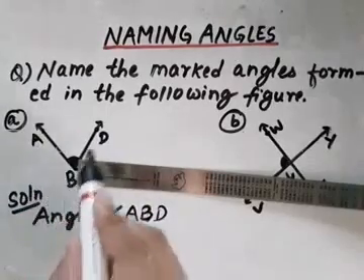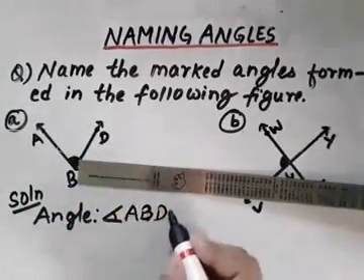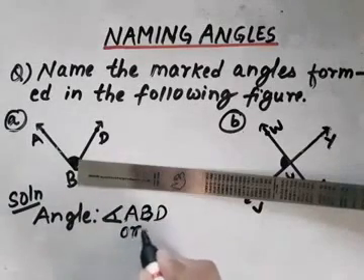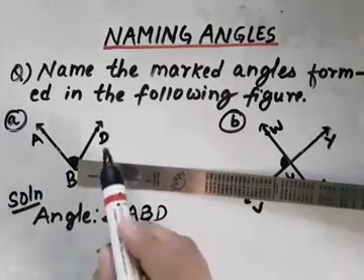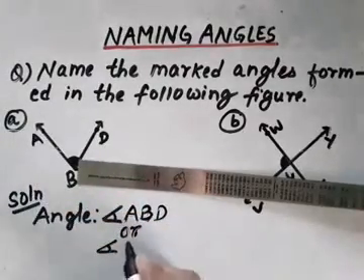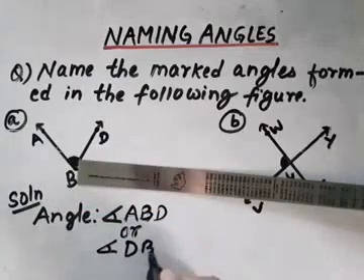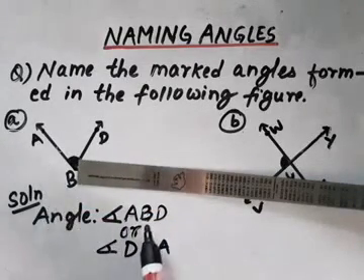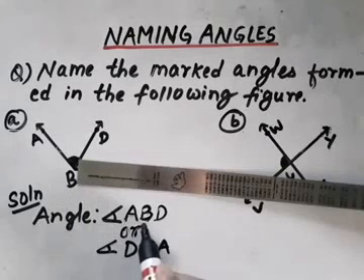Or you can write it as angle DBA. As you can see, B is your vertex. In both the ways, B lies here in the middle.